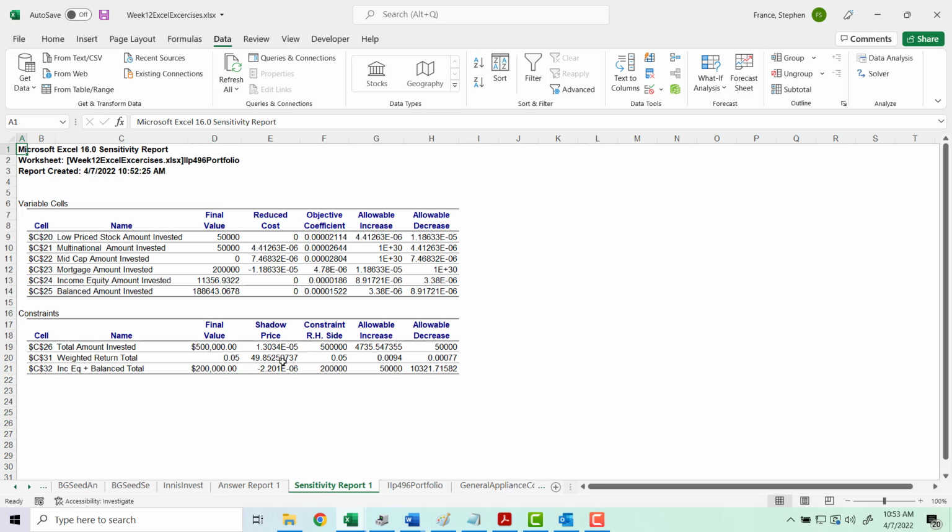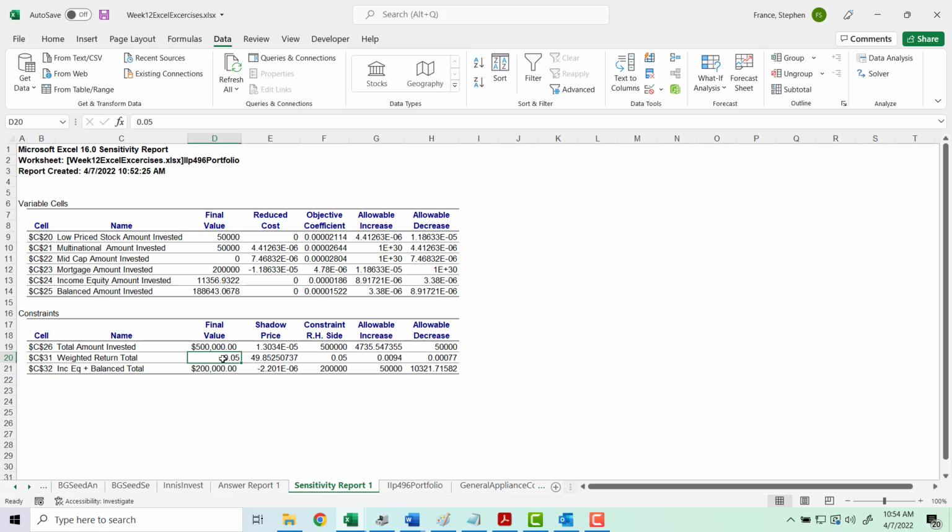And the sensitivity analysis, this one actually is quite interesting to me, the shadow price for the constraints. So the weighted return is 0.05, i.e. 5%. So this is just saying, for any increase, and it's hard because this is quite a small value, but for the increase in weighted return, this is how much the risk would incrementally increase.